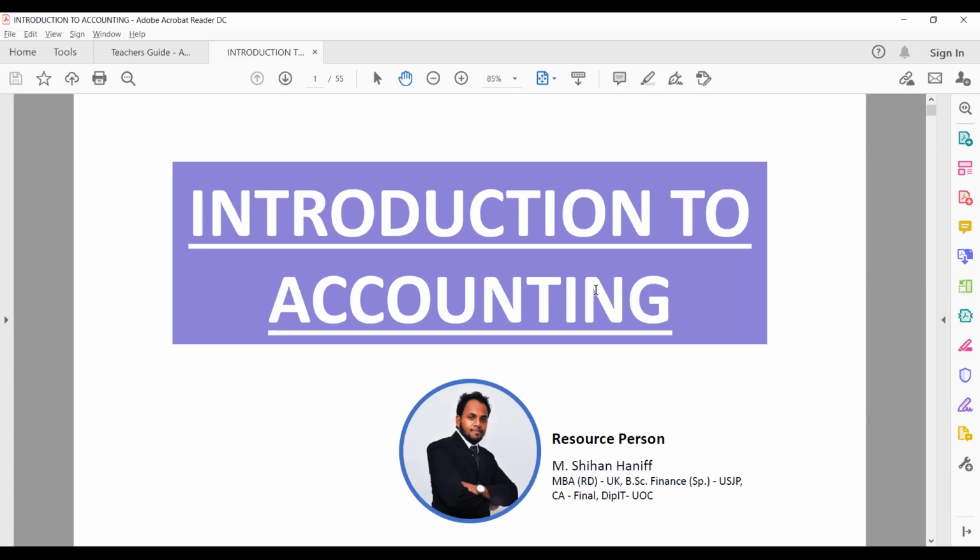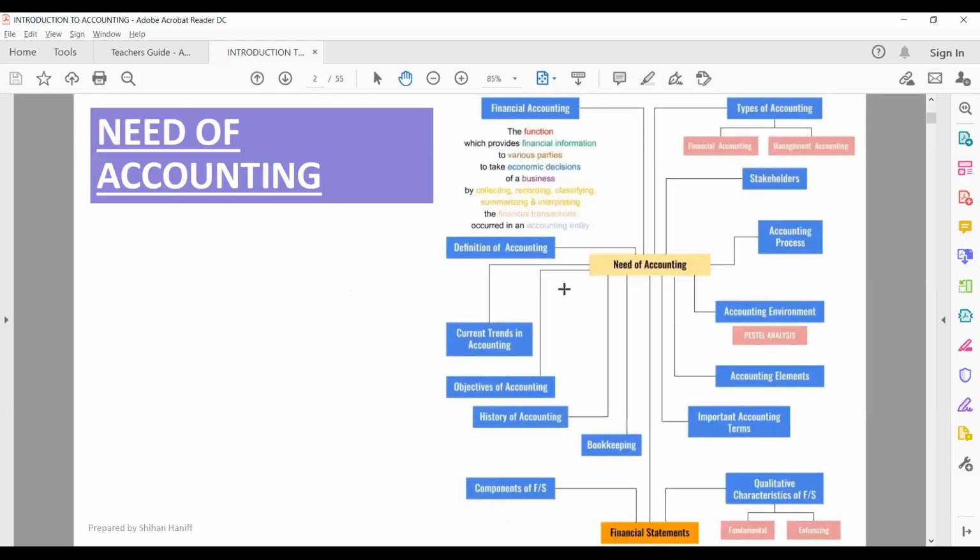As a student doing accounting, you need to know the complete, comprehensive, full definition of accounting. This is what is in our syllabus.